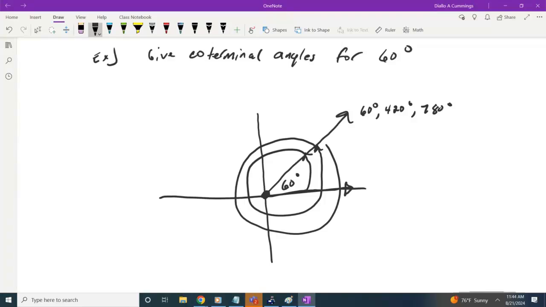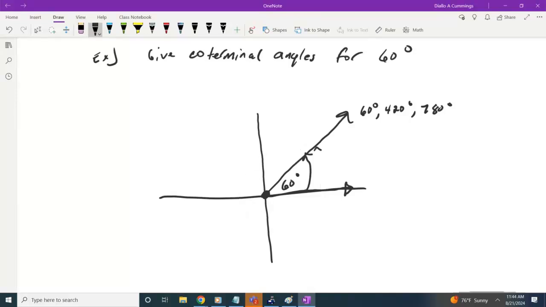I could also subtract. So I'm going to go back to that original 60-degree angle. Instead of adding 360 degrees, I could subtract 360 degrees, right? So I'm going to take this terminal side and rotate it clockwise.